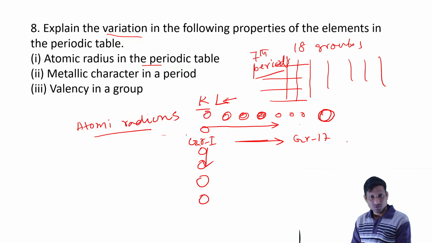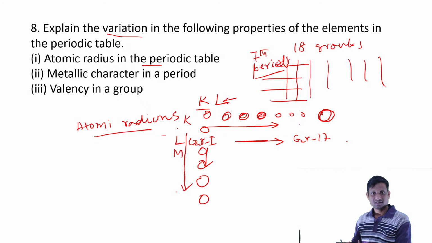But when we move from top to bottom, there is the next shell: the first period is the K shell, then the second is L, M, and so on. So the shell size increases, and that is why the radius of the element increases.